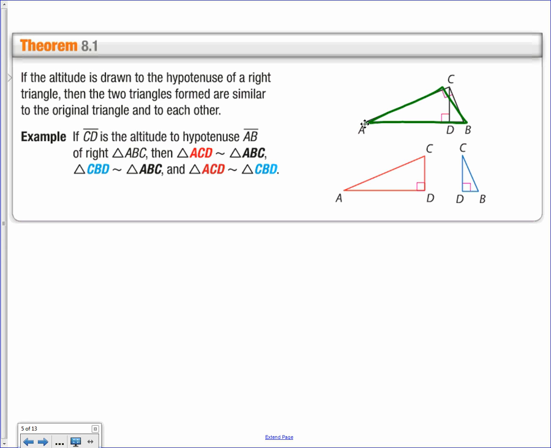So those 3 triangles have to be similar because they each have a right angle, and then the 2 smaller, the red and the green triangle, share angle A, which are exactly the same. The blue and the green share angle B, exactly the same, and therefore by angle-angle, the 2 triangles have to be similar, and then by the transitive property we can say they're all similar.